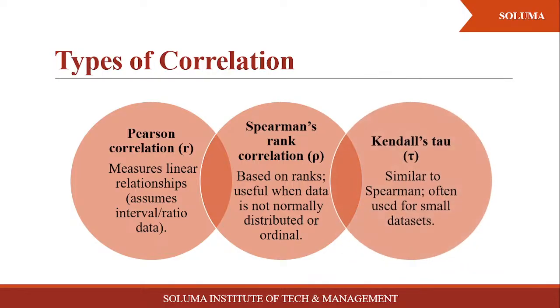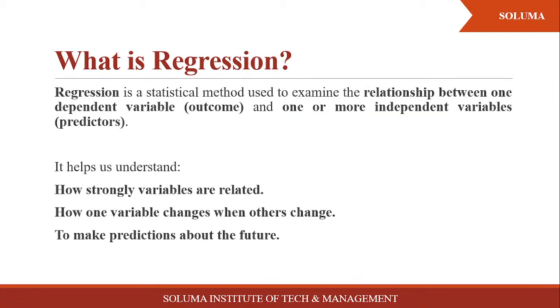And then we have the one we call Kendall's tau. Now, Kendall's is similar to Spearman in the sense that it makes use of ranks. However, it's mostly used for a small data set. These are what we looked at as the types of correlation. Just go over to the previous section. It was explained effectively in that section.